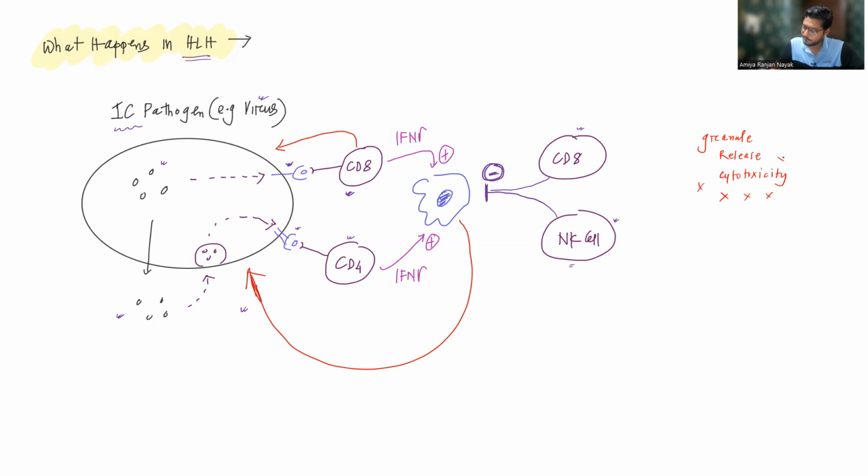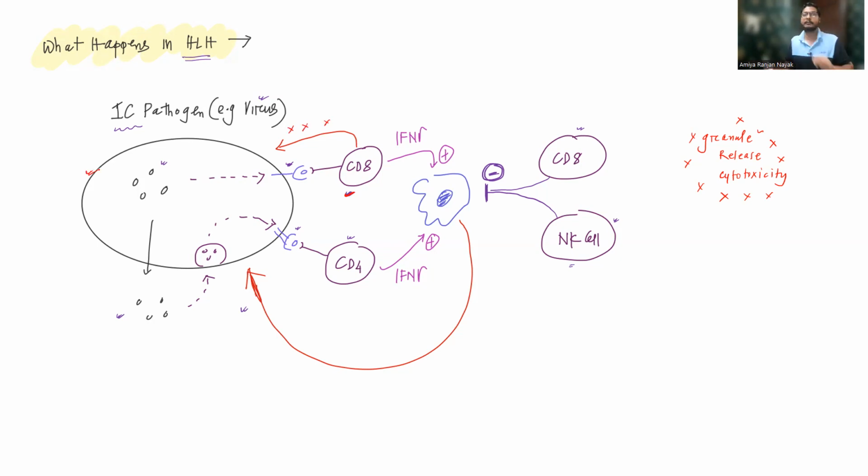Granules means the perforins and granzymes. Because of various mechanisms, or you can say various mutations or other causes, maybe some autoimmune cause, maybe some viral infections, this process of granule release and cytotoxicity cannot happen. That means the CD8 plus T lymphocytes cannot destroy the affected cell.